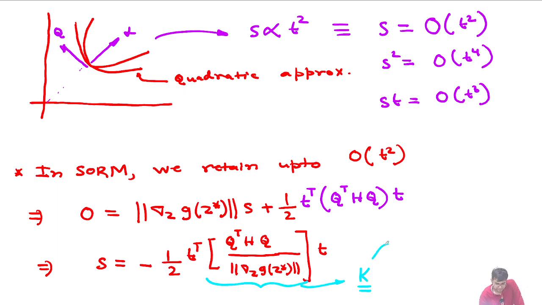So this is my curvature matrix. Okay, so what do I finally get? I finally get S is equal to minus half T transpose K T. Okay.